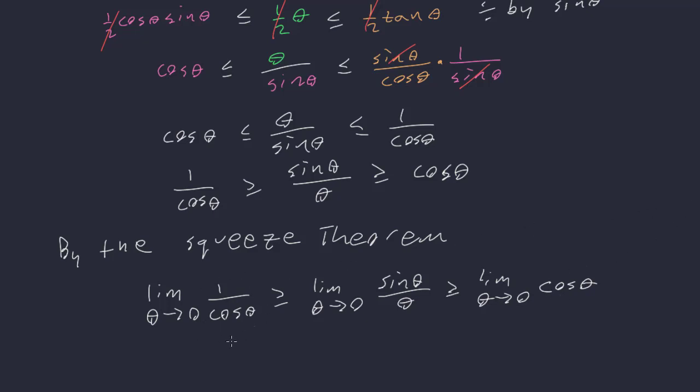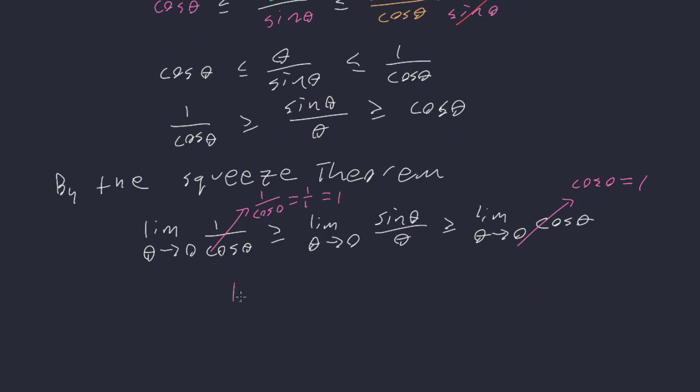And cosine of 0 is 1. So this goes to 1 over cosine 0, so 1 over 1, which is 1. And this goes to cosine 0, which is 1. So when it's all said and done, the limit as theta goes to 0 of sine of theta over theta is 1.